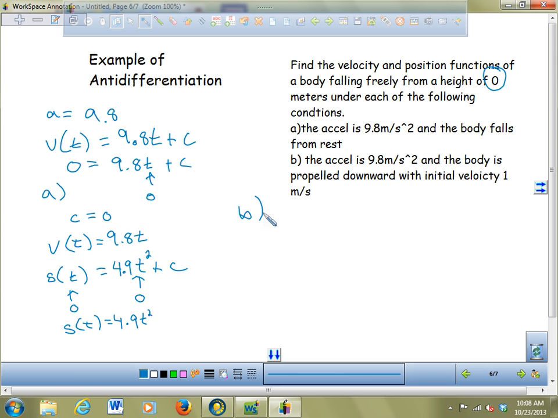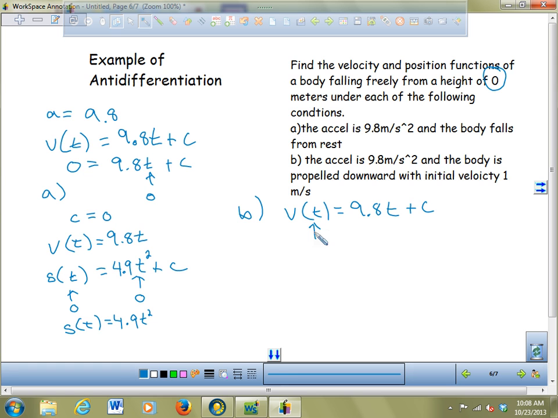In case B, the body is propelled downward with an initial velocity of 1 meter per second, okay? And so in this case you get the same velocity function: when you take the antiderivative of 9.8, you get 9.8t, plus a constant. But in this case, what's the velocity? What goes in here?